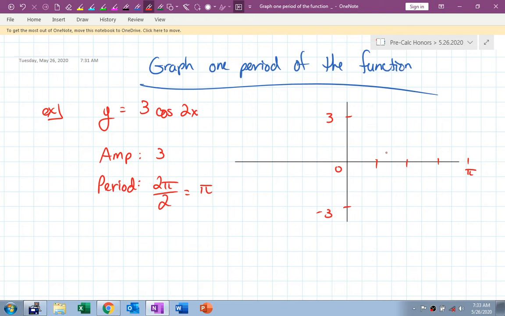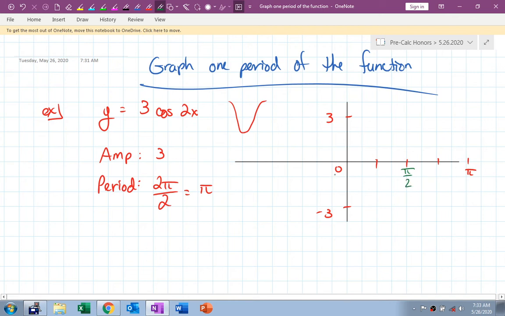The cosine graph starts and goes up. So starts at the amp, ends at the amp. Okay, now we have to figure out these missing numbers. The easiest way to do that is to figure out this middle one, because it's halfway between 0 and pi. So you get pi over 2.